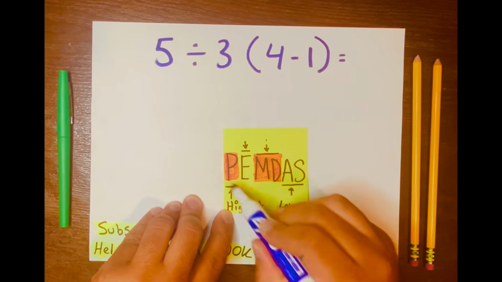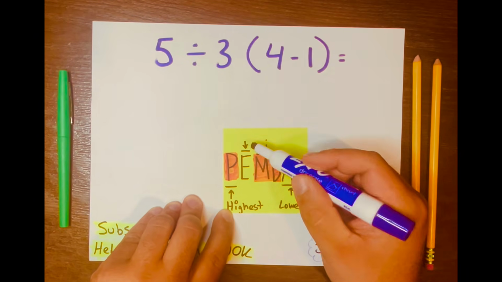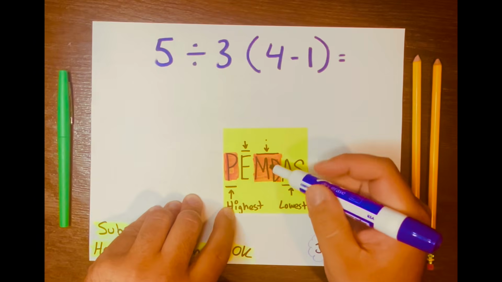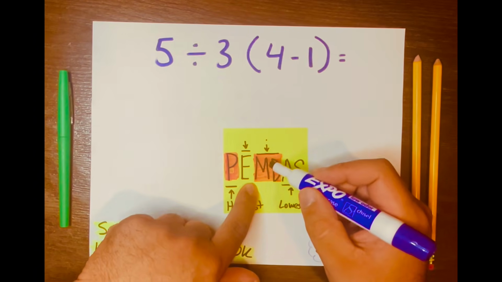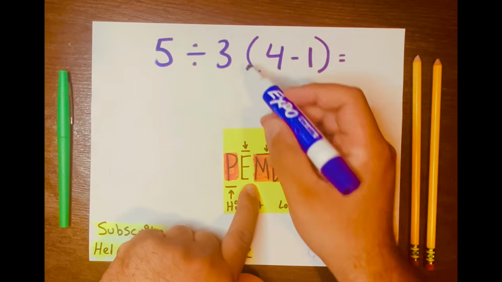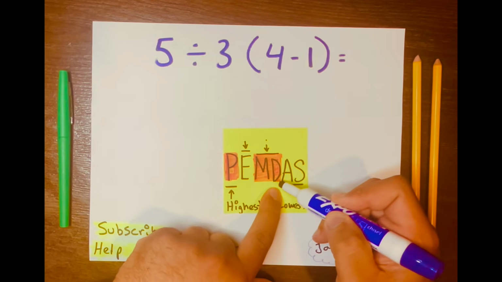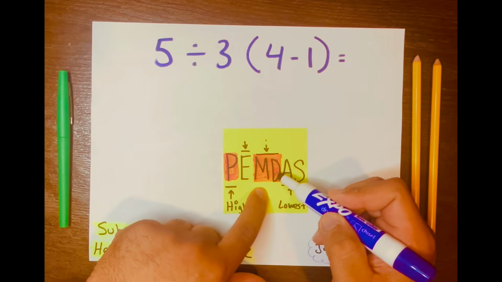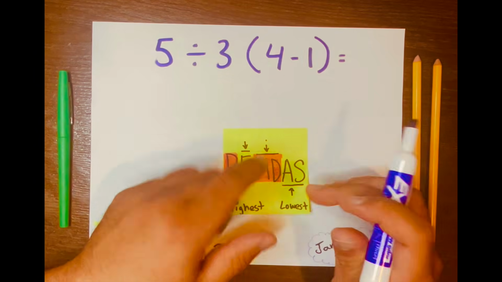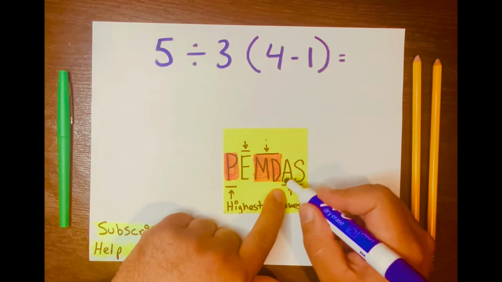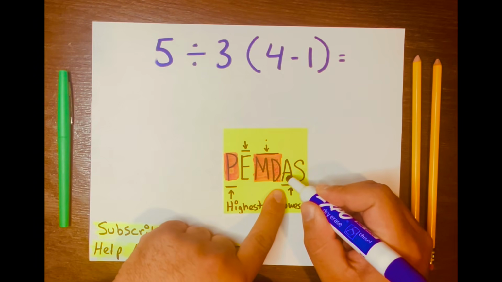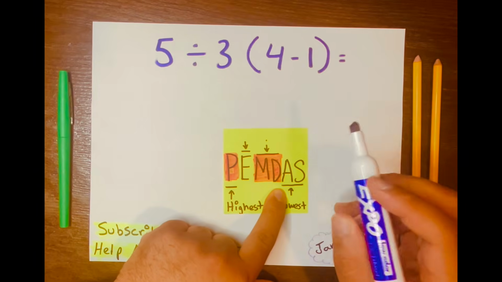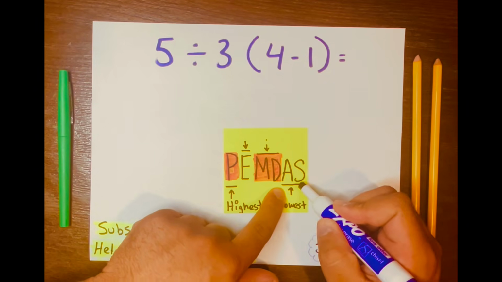Looking at the highest level of PEMDAS, E stands for exponents. We don't have exponents. We do have multiplication and division, and both operations are within the same level. And then lastly, AS, addition and subtraction, which we do have subtraction.